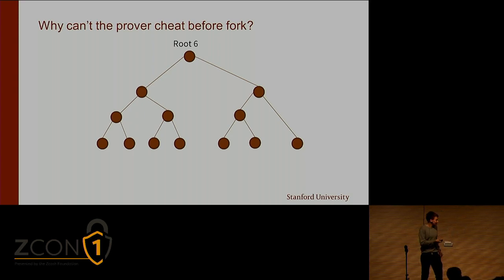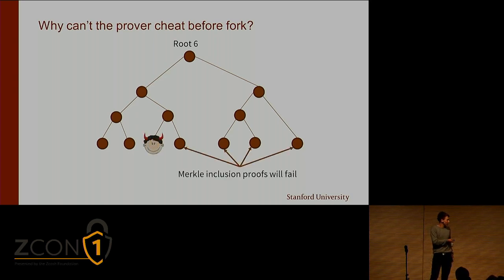Well, basically the idea is that if I change one of the blocks here, then all of the Merkle MMR proofs afterwards will fail. If this isn't clear, just trust me on this, but it's this property of the MMR, which we talked about before, which basically says I cannot cheat before the fork point.